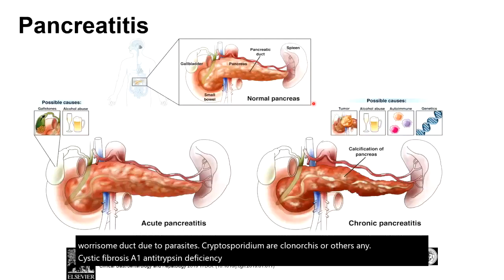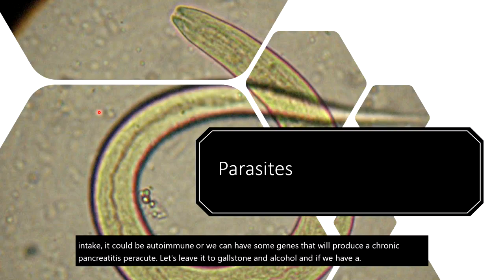Okay, so we have a lot. So for chronic pancreatitis, I would like you to remember it could be a tumor, it could be chronic alcohol intake, it could be autoimmune, or we can have some genes that will produce a chronic pancreatitis. For acute, let's leave it to gallstones and alcohol, and if we have a female, hypertriglyceridemia.